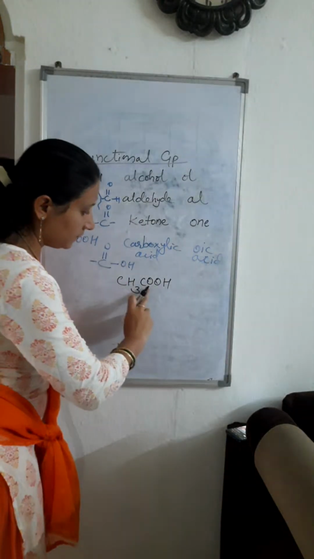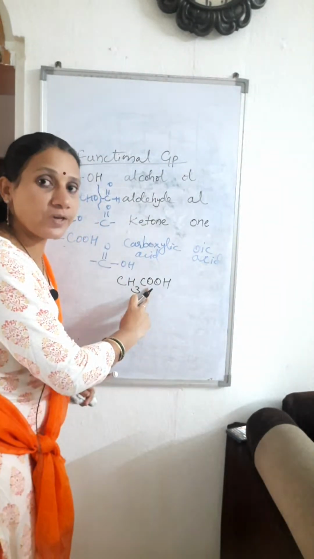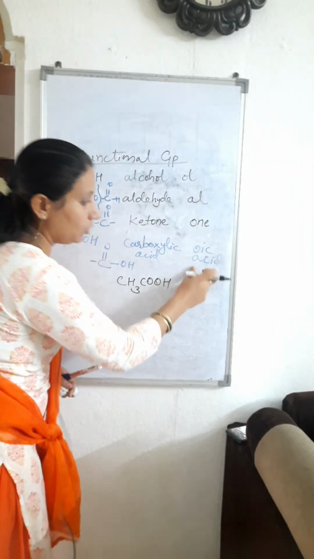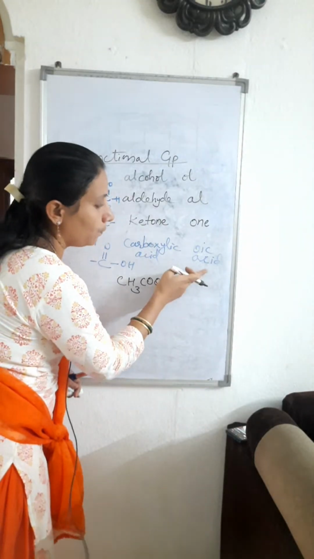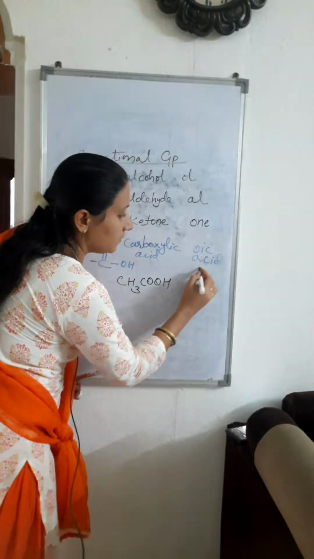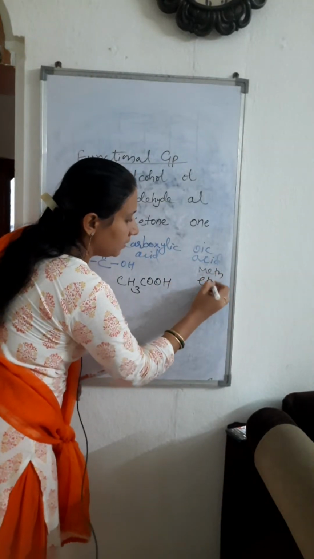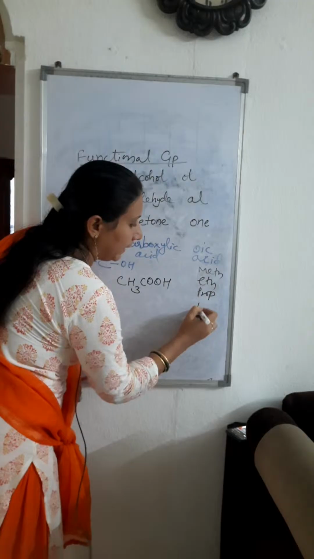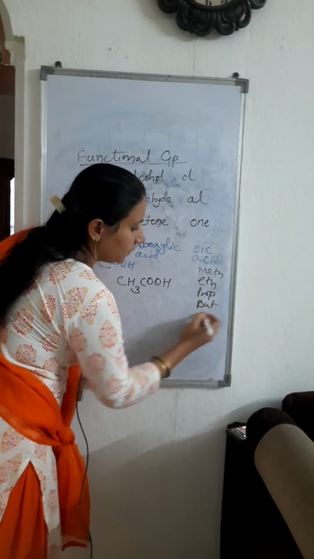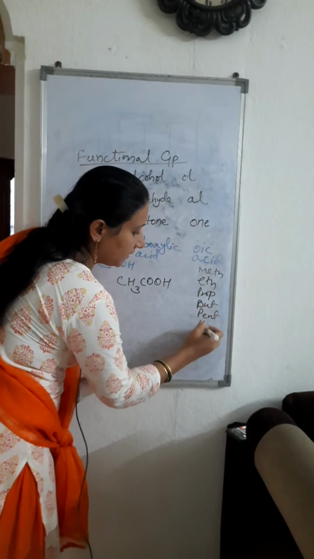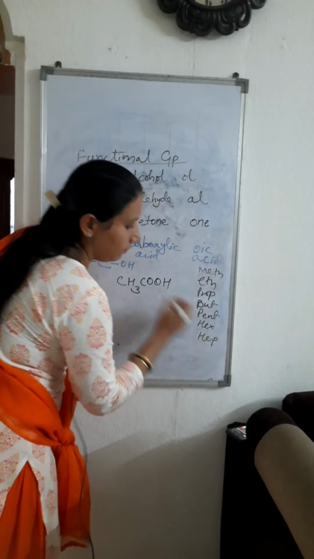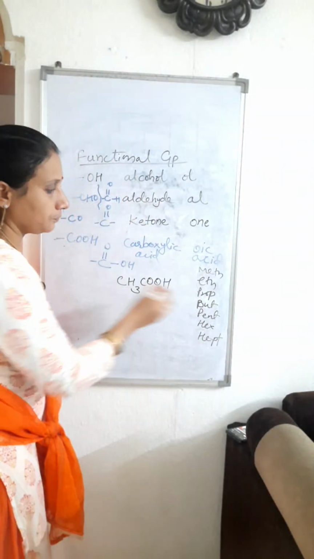Here 2 carbons are there. For 2 carbons, we call it eth. The table has to be remembered by all. Meth, eth, prop, but, pent, hex, hept. This is the important part which you need to learn.